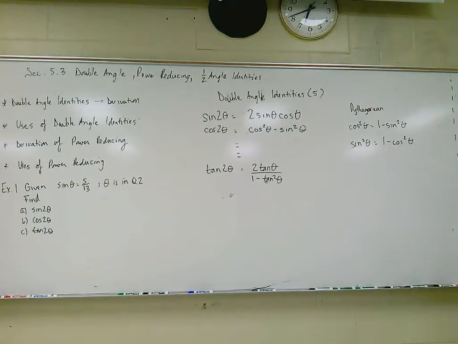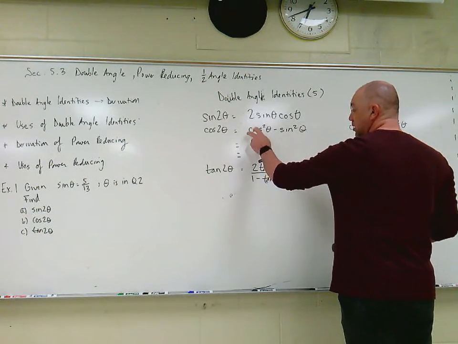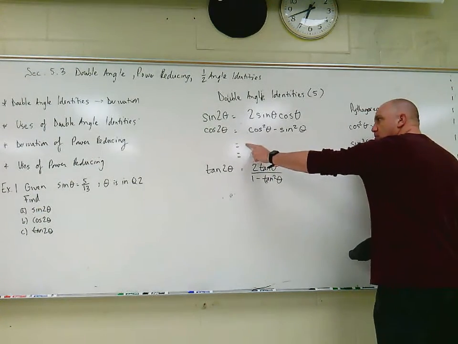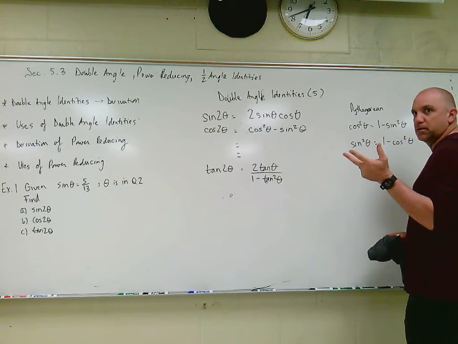So what I'm going to do is start here with cosine. I'm going to take it out and put in 1 minus sine squared so that the whole right-hand side is just either sines or cosines.